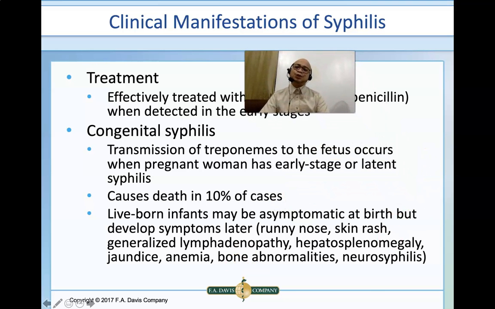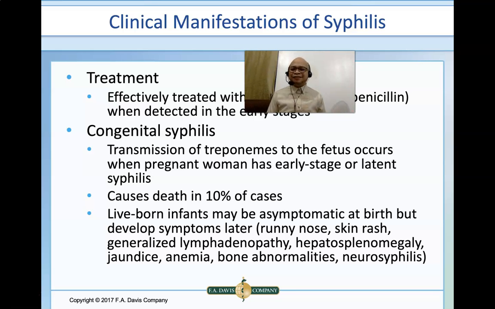As I told you, congenital syphilis is the transmission of the treponemes to the fetus. It occurs when a pregnant woman has early stage or latent syphilis. It causes death in 10% of cases. Live-born infants may be asymptomatic at birth, but they could develop symptoms later on.